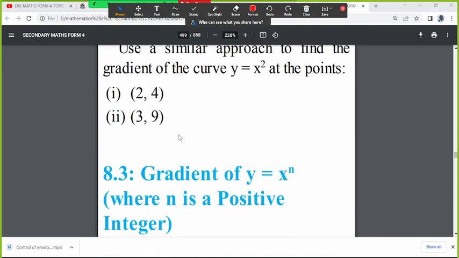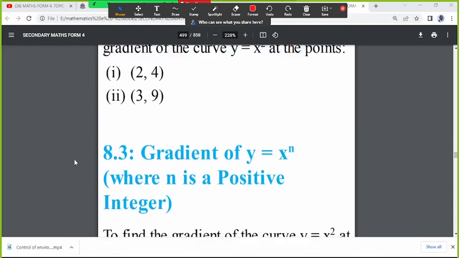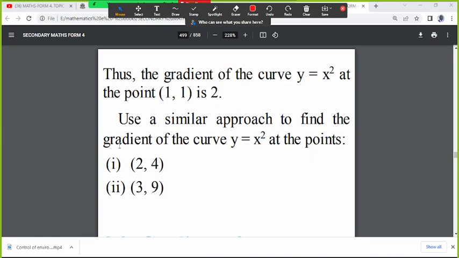We can use a similar approach to do the same. Now let's go to what we did yesterday. The gradient of the curve y equals x squared at the point 1, 1 is 2.